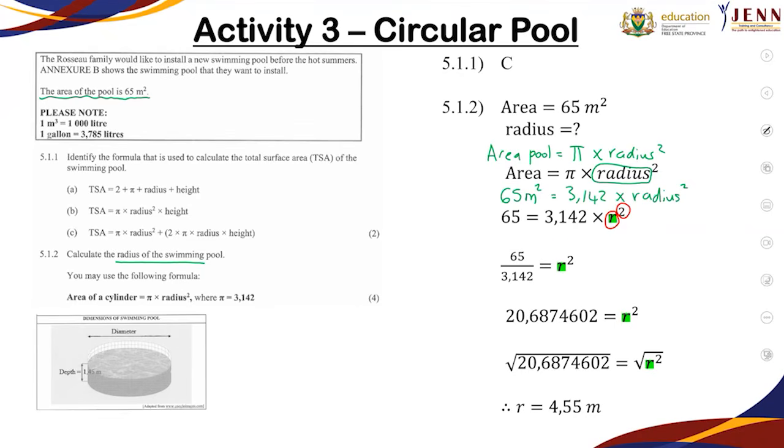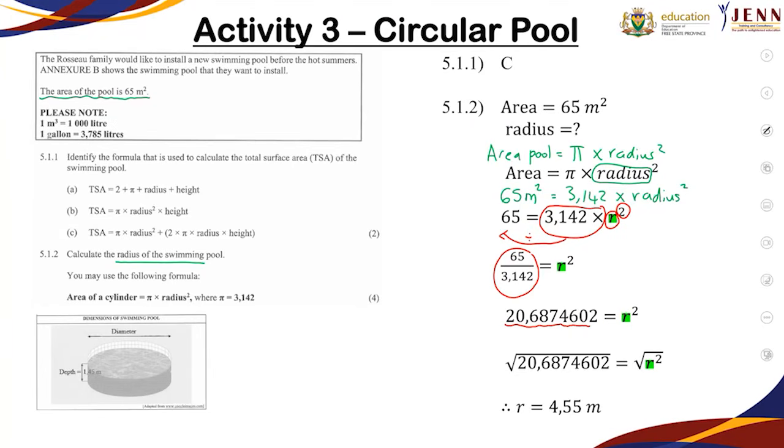So it's 65 equals 3,142 multiplied by radius squared. I cannot get rid of the squared first. I must get rid of the 3,142 that is around this r squared. Here I am multiplying by 3,142. If I take it to the other side, I will divide. That's why here I've got 65 divided by 3,142.